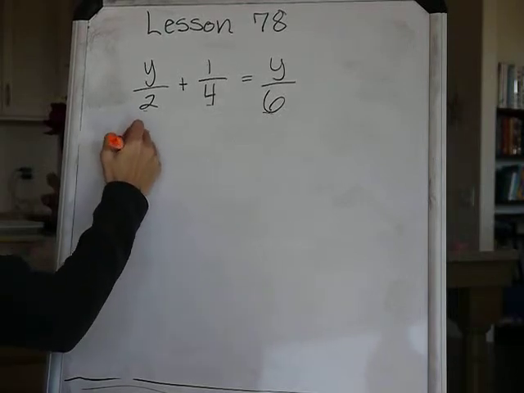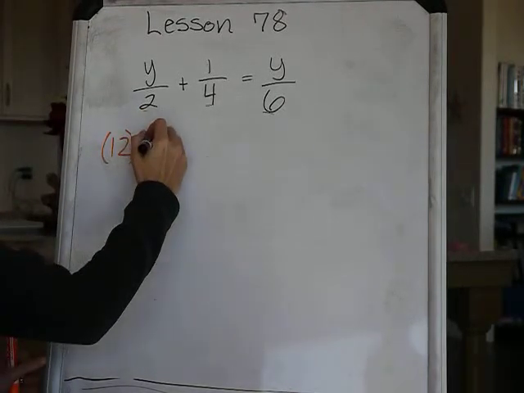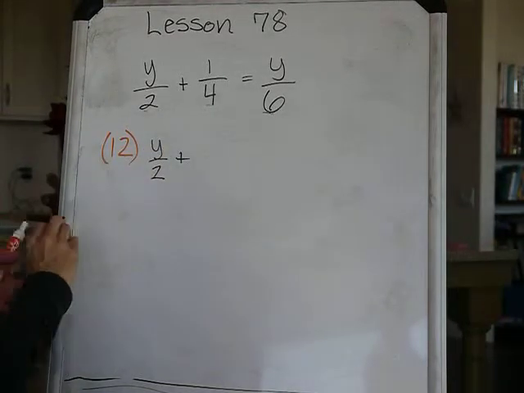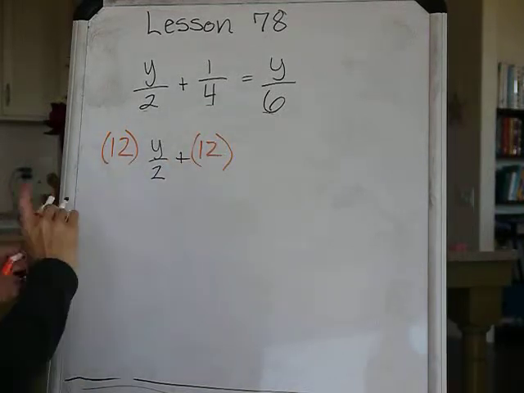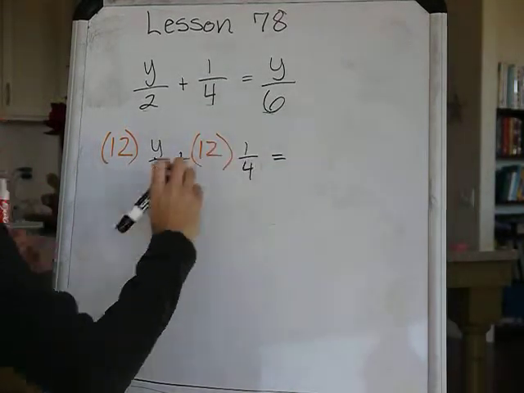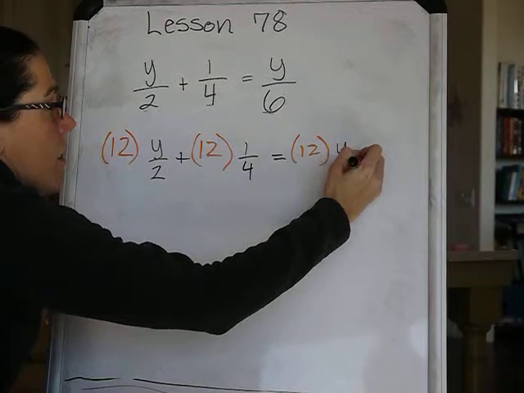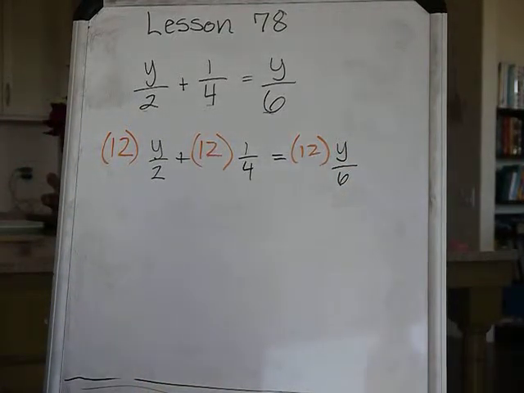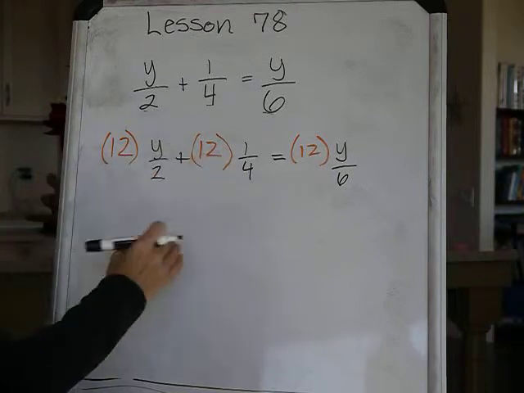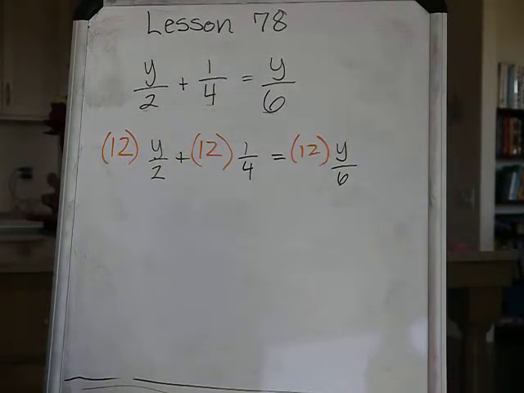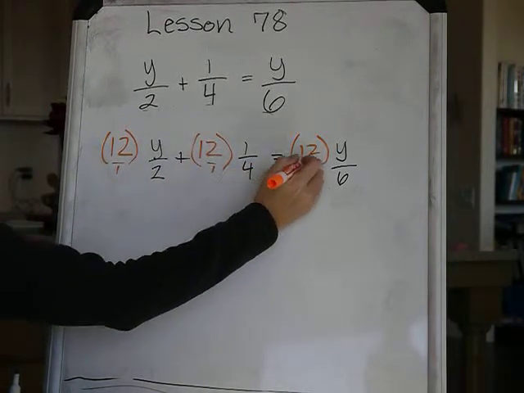So I write 12 times y over 2 plus 12 times 1/4 equals 12 times y over 6. I'm just going to multiply everything by 12. Can we cross cancel? Yes.